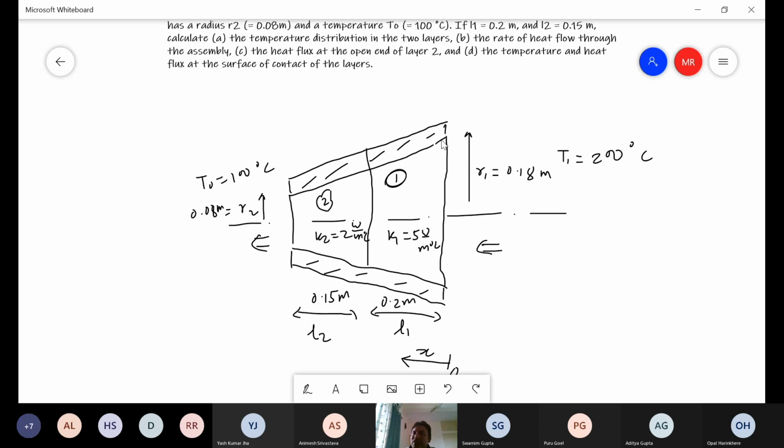This insulation is given in order to make us understand that there is no heat transfer taking place in a radial direction, and therefore there is no distribution along the radial direction. Clear? Yes, sir. But if we remove this insulation here, then definitely we will have a distribution along the radial as well as axial both. Is it clear? Yes, sir.